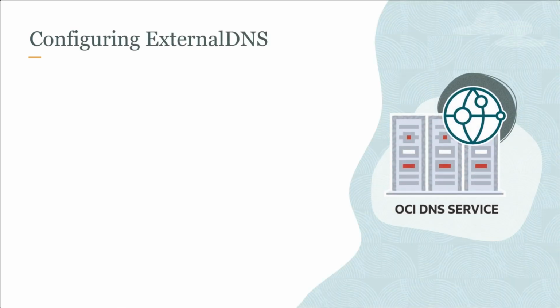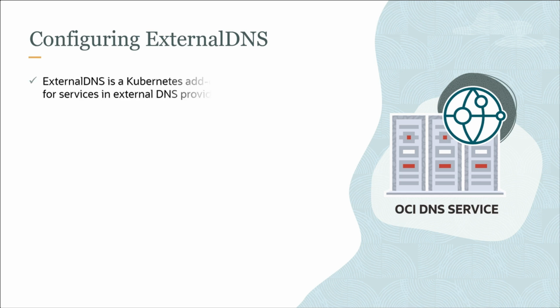Now let's explore ExternalDNS, a powerful Kubernetes add-on that simplifies the management of DNS records for services in external DNS providers. ExternalDNS is a Kubernetes add-on designed to automatically create DNS records for services in external DNS providers.